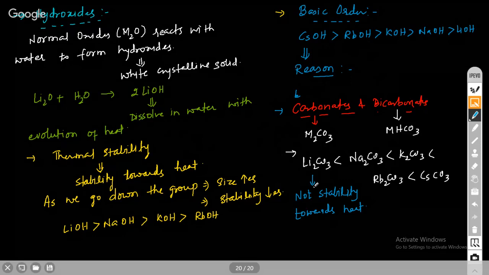See, write down the reason of this. Li2CO3 is not stable because of a small size of cation, it produces very high polarizing action.